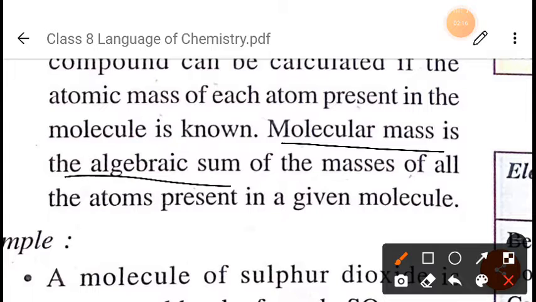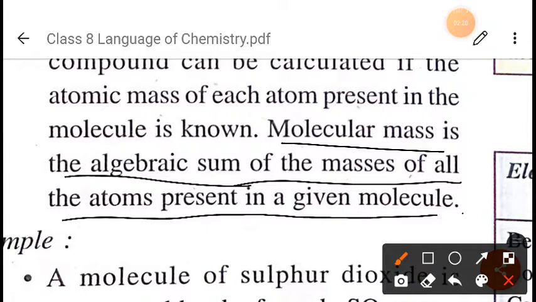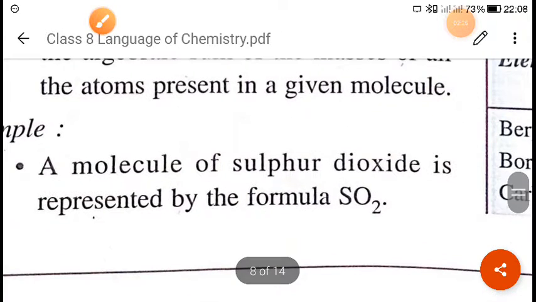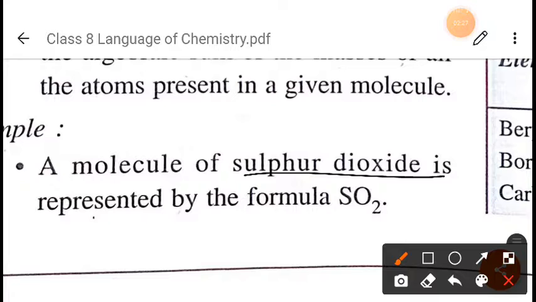Molecular mass is the algebraic sum of the masses of all the atoms present in a given molecule. We have seen the example of H2O. One more example is a molecule of sulfur dioxide, which is represented by SO2.